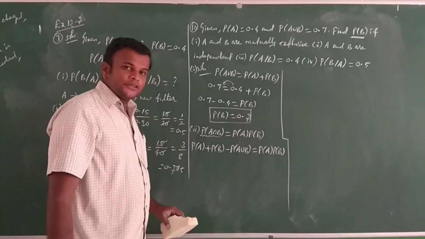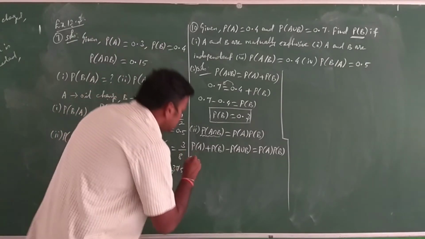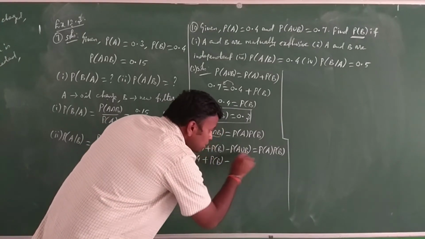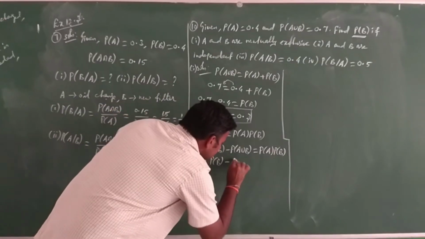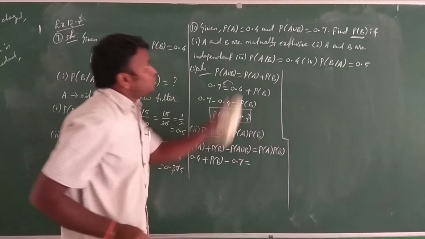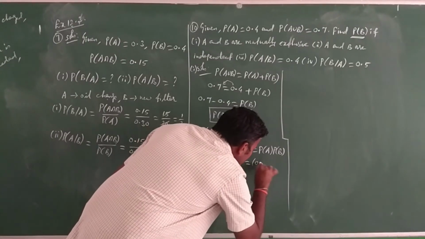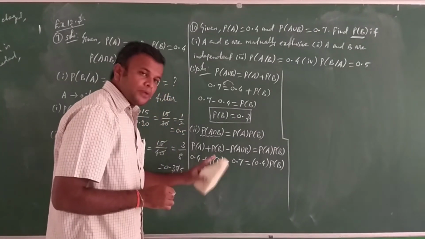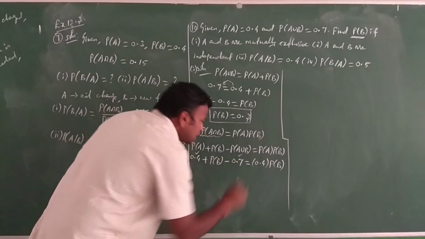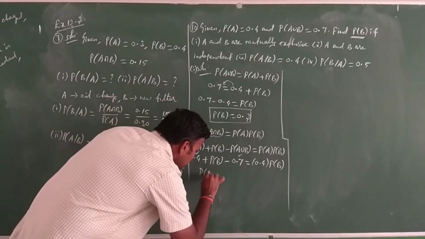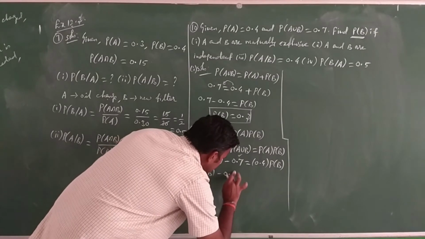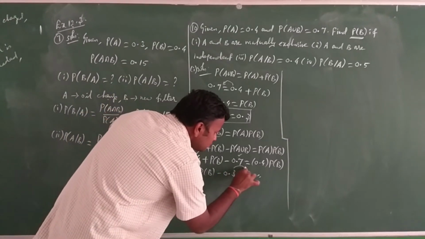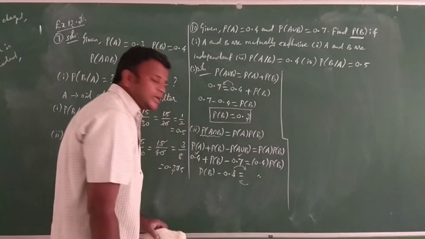Now we substitute the known values. P of A is 0.4, plus P of B, minus P of A union B, 0.7. Again, P of A is 0.4 times P of B. So 0.4 plus P of B minus 0.7 equals 0.4 P of B. So P of B minus 0.3 equals 0.4 P of B. The minus value becomes plus, and the plus value becomes minus.